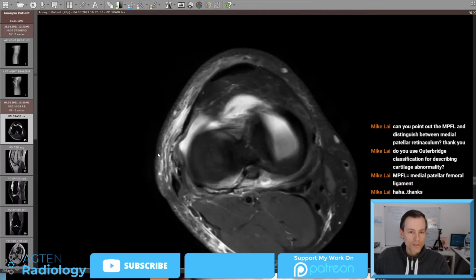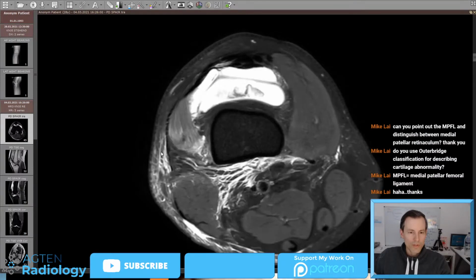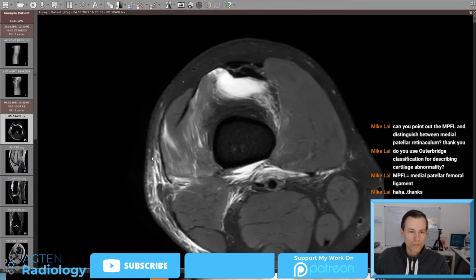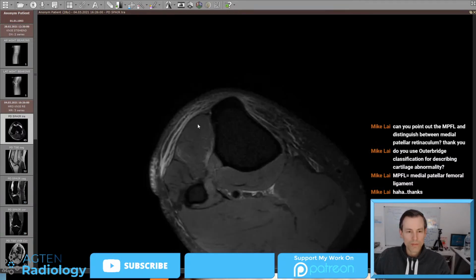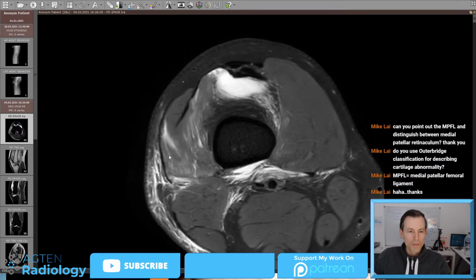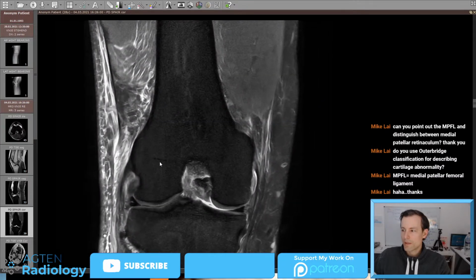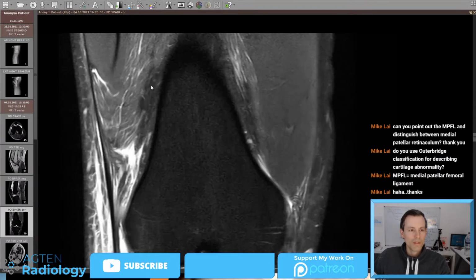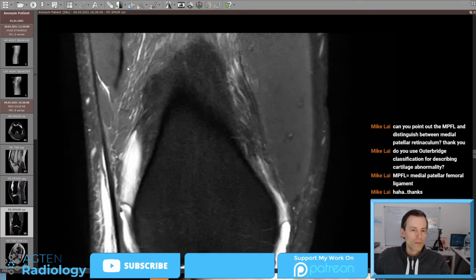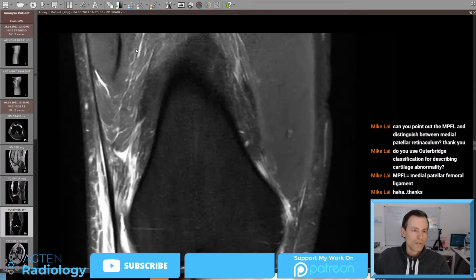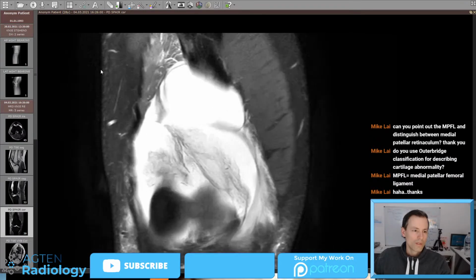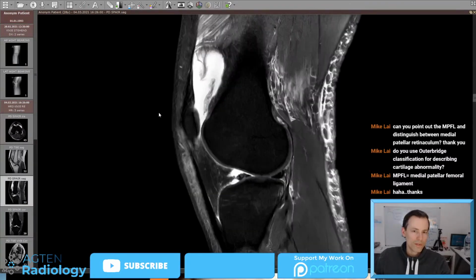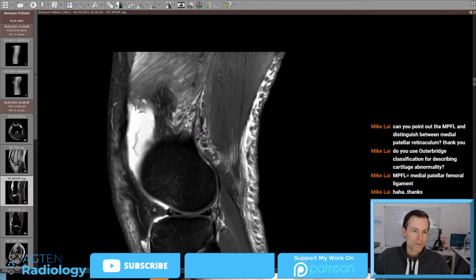Then there's other soft tissue injury here, which I think is quite interesting and is frequently forgotten about on knee MRI, and this is the distal quadriceps musculature. You can see we have quite a lot of edema in the vastus lateralis here, and I think we've got another plane where we can see this better, like here. Let me just go all the way down so we can see this little bit of edema, and on the sagittal, maybe that's even the better sequence.